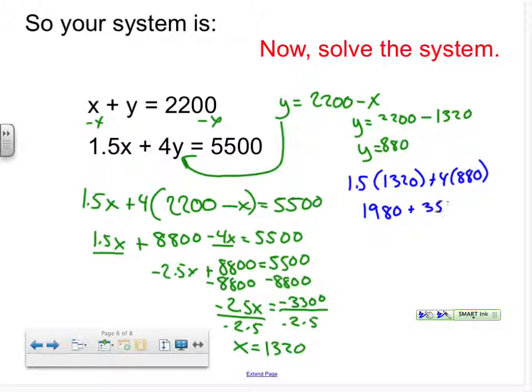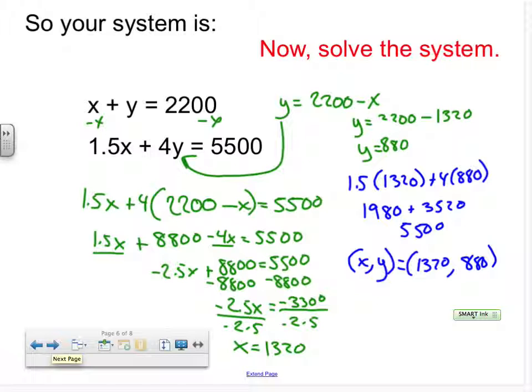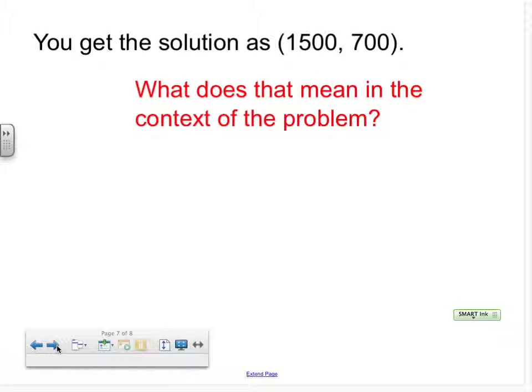If we add those two numbers, we get 5,500. So it works out. Our solution, x, y equals 1,320 and 880. All right, as we go through our last step, we need to interpret it in terms of the problem.